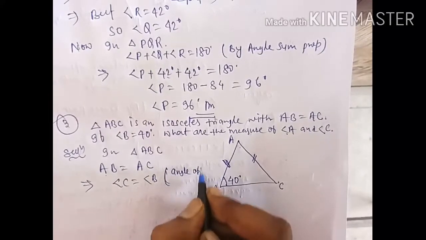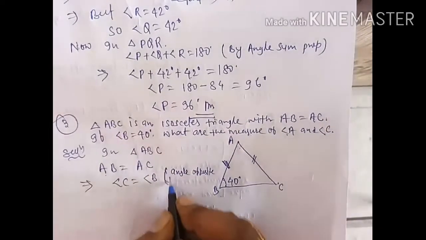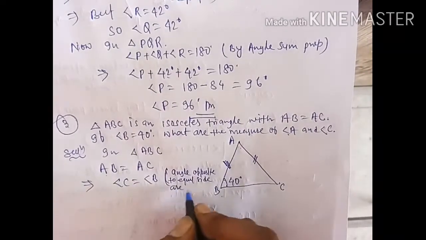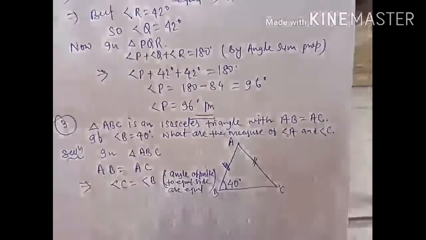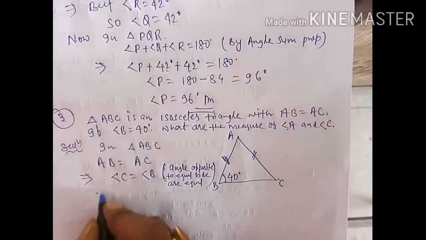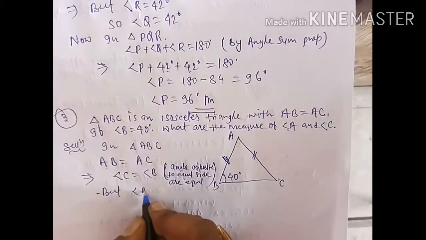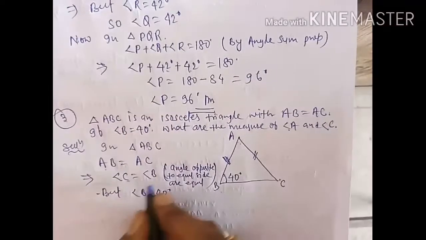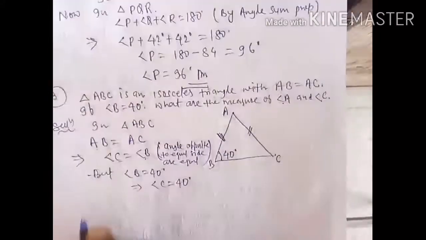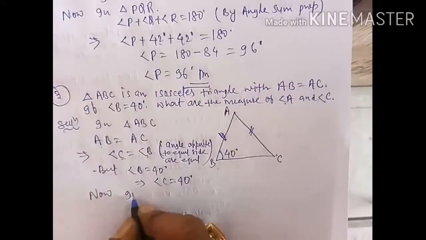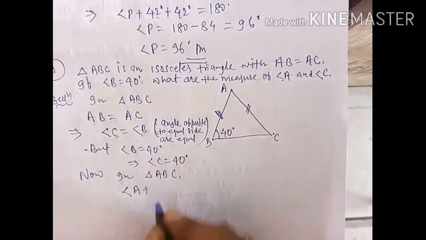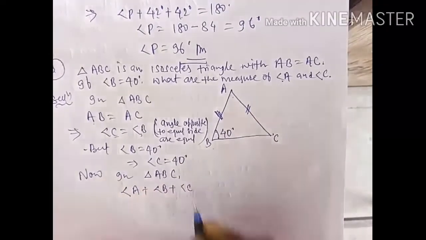Angle opposite to equal side are equal. But angle B is equal to 40 degree and angle B and C are equal, so angle C is also 40 degree.